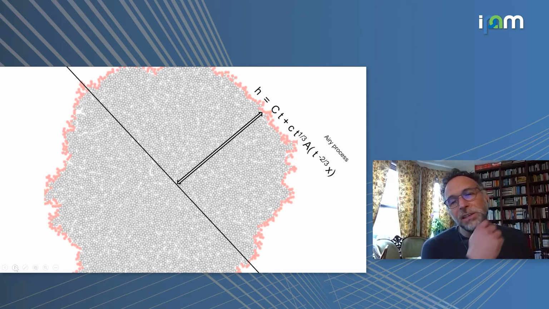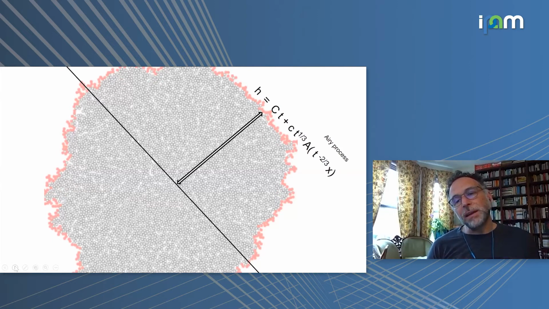And that function h is growing at rate some ct. But the universal things, the things that are true in general in such models, is this t to the 1/3. So the boundary actually has a fluctuation of size t to the 1/3.